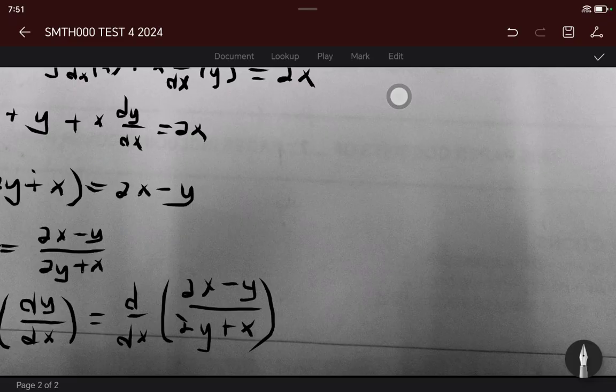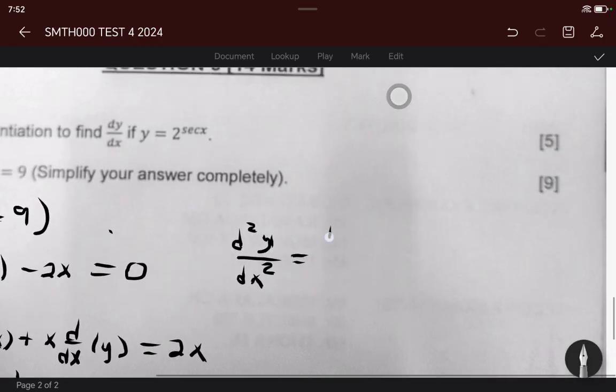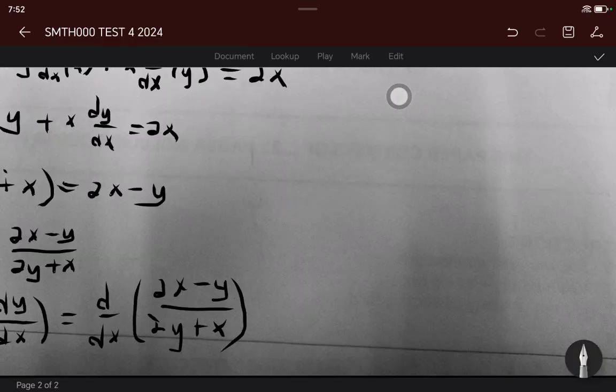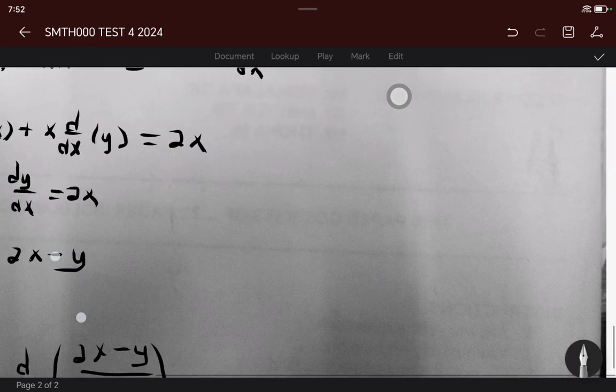So I'm going to first keep the denominator and derive the numerator. So this is just going to be 2y plus x. And then I derive the numerator, which the numerator is 2x minus y.